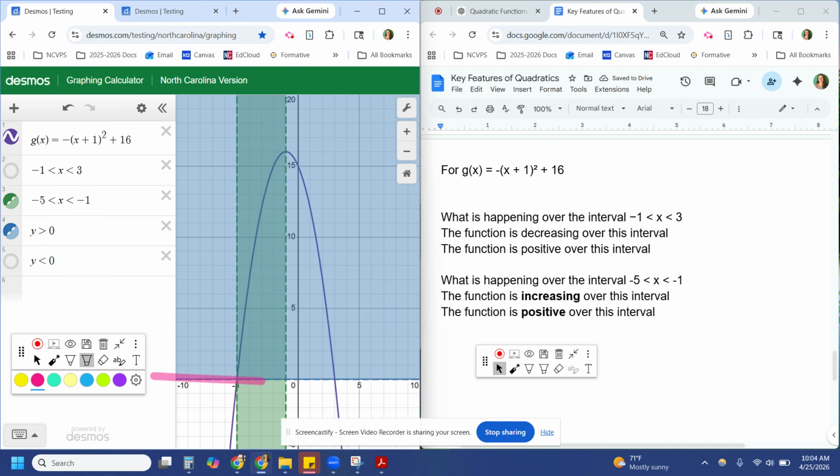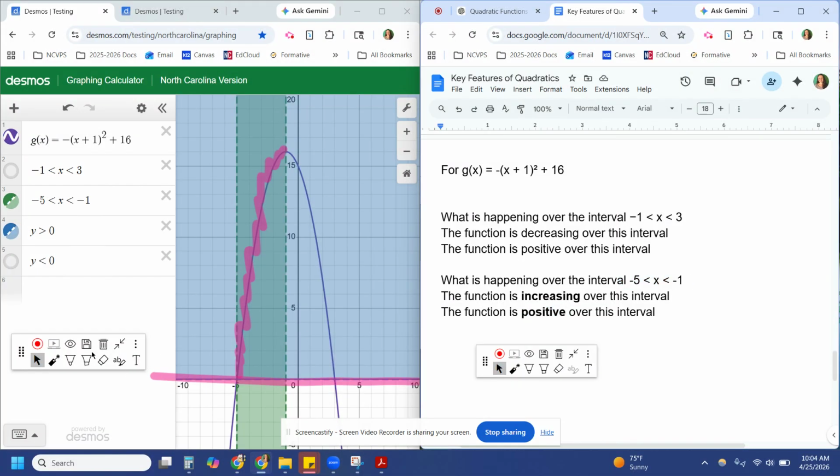And if you're not sure, highlight that x-axis and just ask yourself, is the graph above it or below? It's definitely above. So we could say that the function is increasing and positive over the interval -5 to -1.